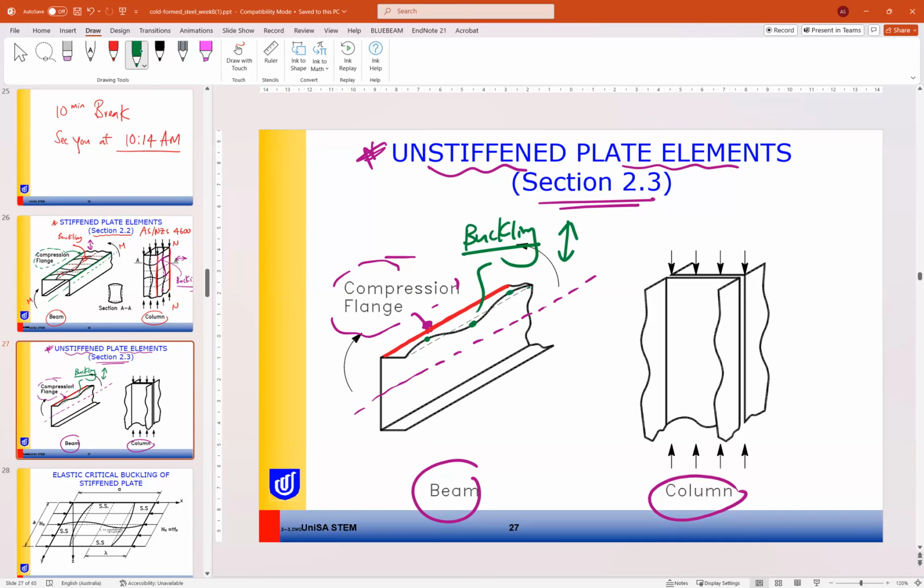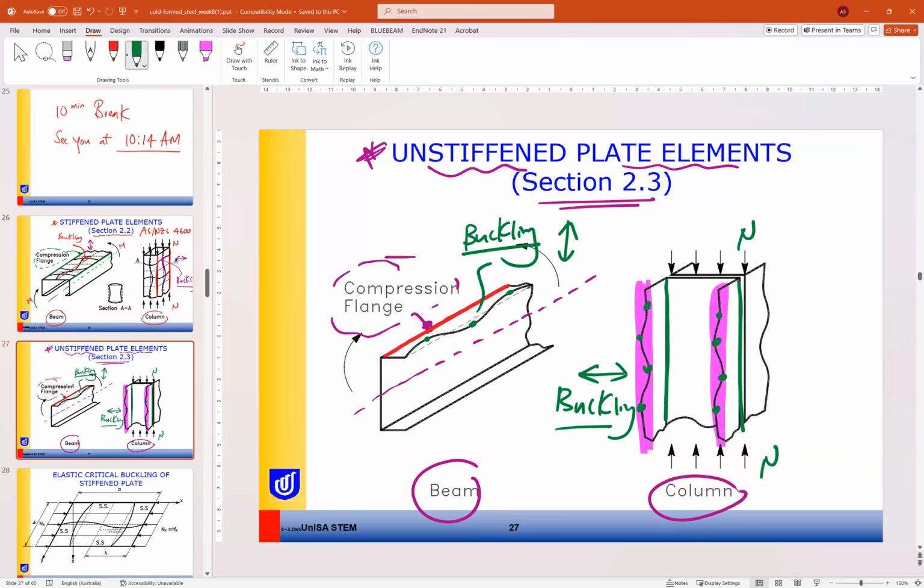Similarly, for the column, these edges are stiffened, but the other edge, or this edge here and this edge here, are free to move. So all the free edge points are buckling left and right.